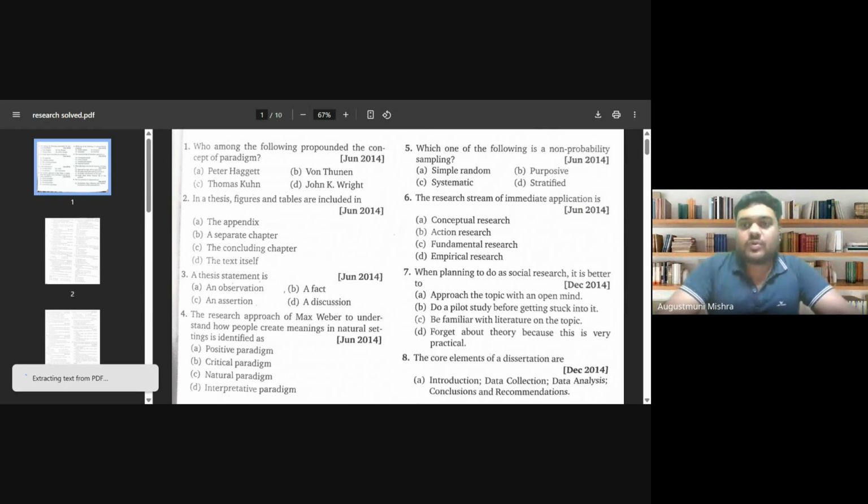Now, fourth question. First answer is C, second answer is D, third answer is C. Now, fourth question. Because we discussed Max Weber.